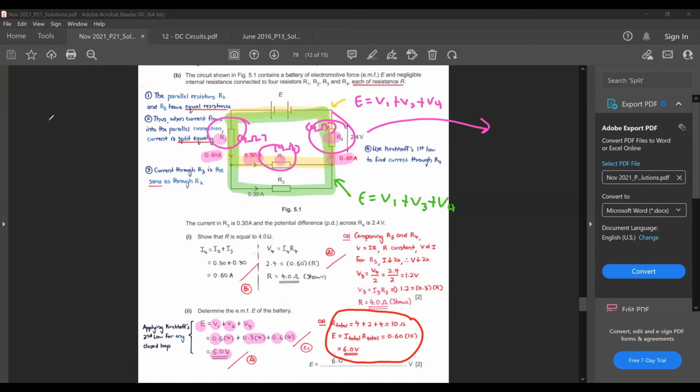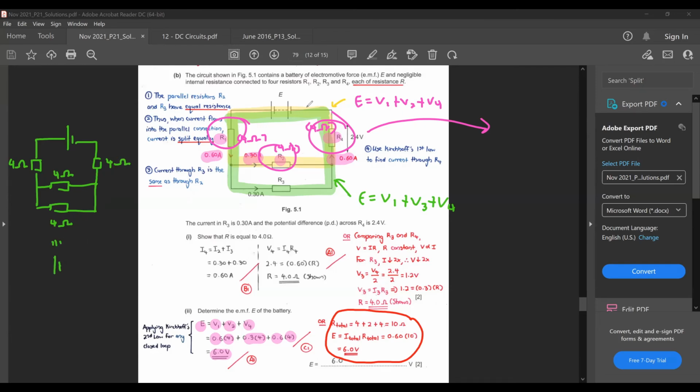We say that this one was 4 ohms, this one here is 4 ohms, this one here is 4 ohms, and this one here is also 4 ohms. So you try to simplify it.